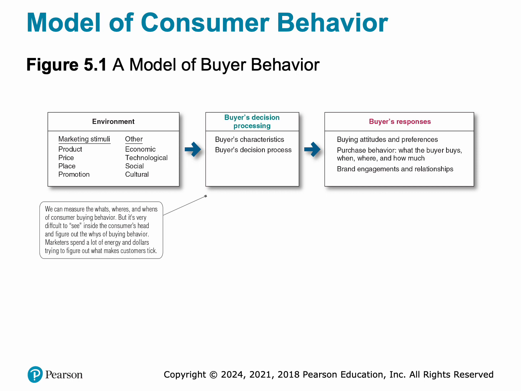So the starting point is the stimulus response model of the buying behavior shown in this 5.1. So if you look at the stimulus, we enter this black box over here.